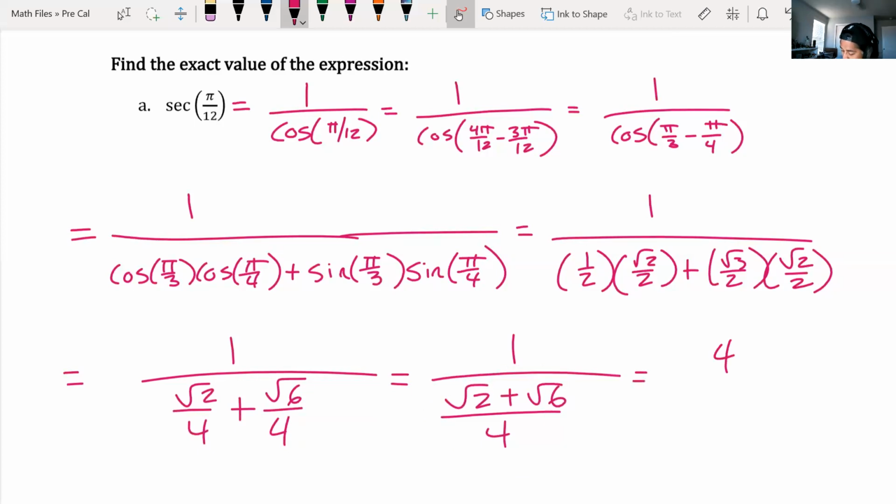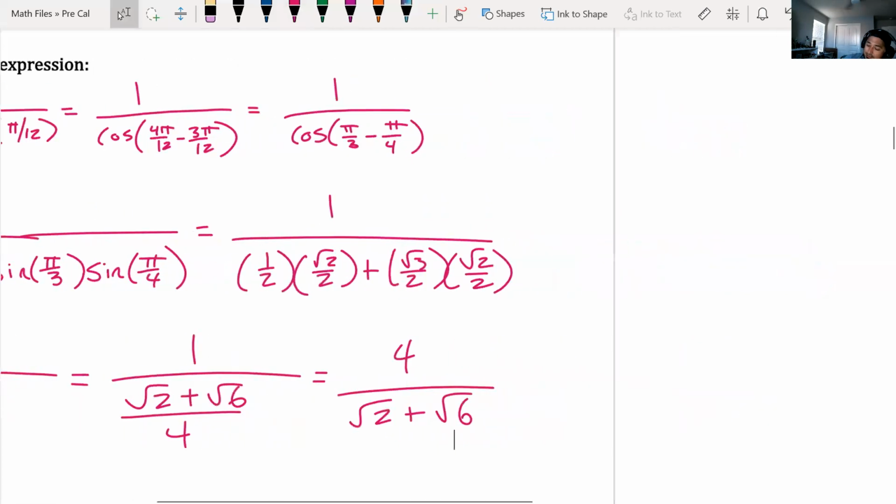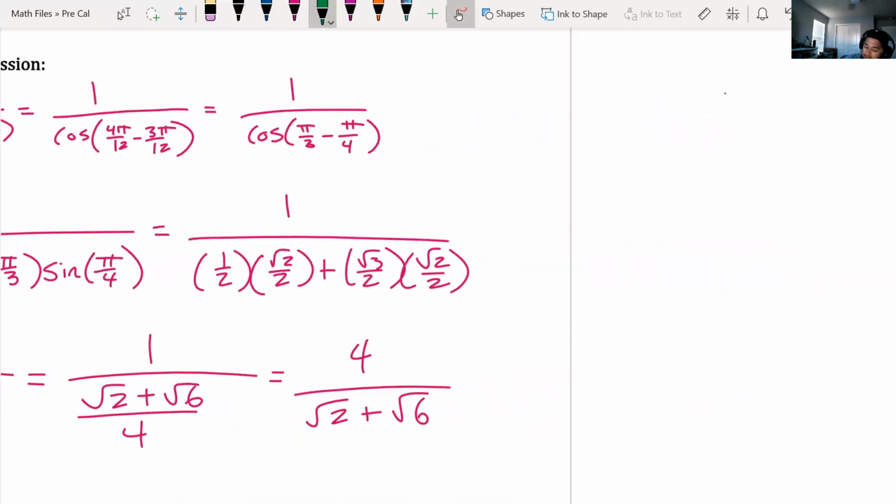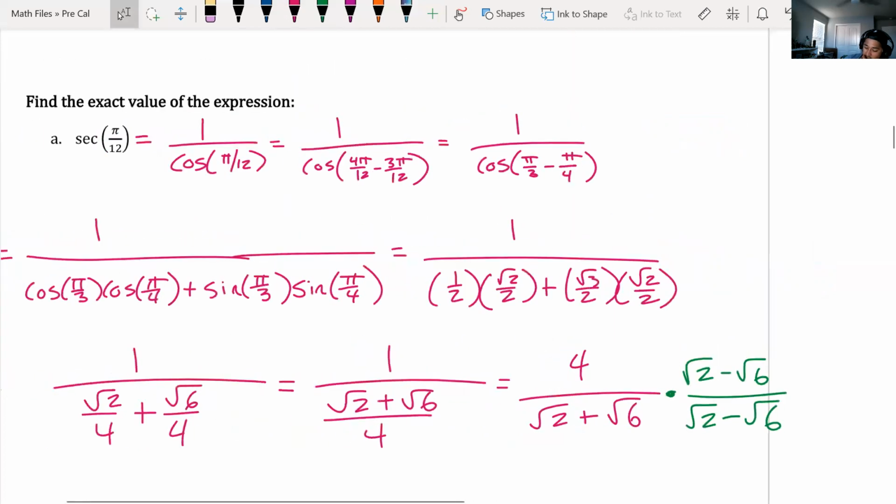And you'll get 4 over square root 2 plus square root 6. But can you leave it like that? No, so we're going to have to do the conjugate. You multiply by the conjugate. What's the conjugate? Square root 2 minus square root 6. Good. Perfect.